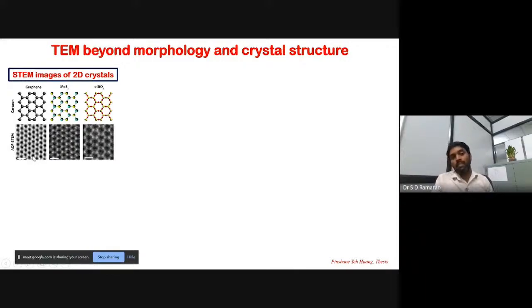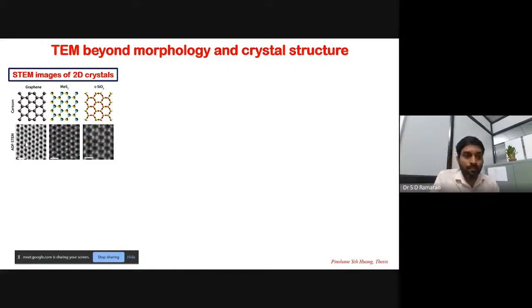All these are on a 5 angstrom scale. This is the simulated structure from the software, and it is clearly depicted in your TEM image. That means you're not just seeing the morphology, you can directly see the atoms. If you have a very powerful TEM, you can go up to the angstrom range and see how the atoms are arranged in your material.